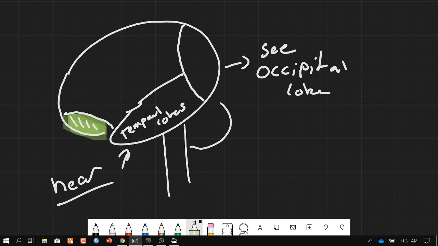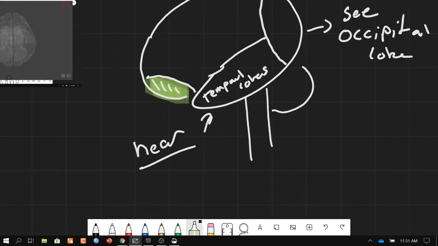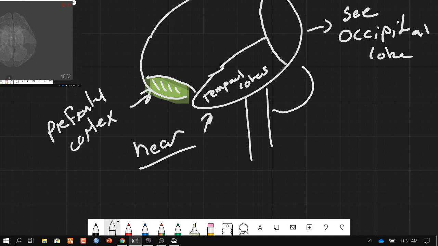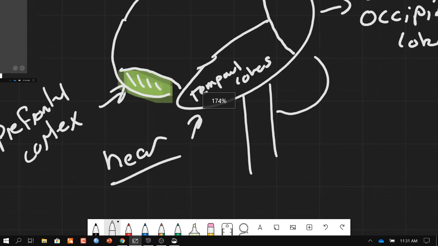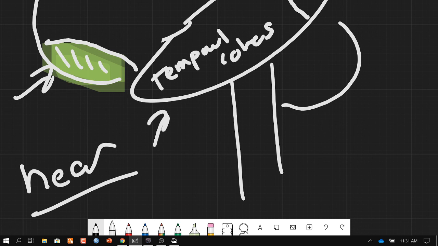This part right in the front is called the prefrontal cortex. This is where humanness is. How do you know you're human? Well, you don't if you dissociate from yourself.